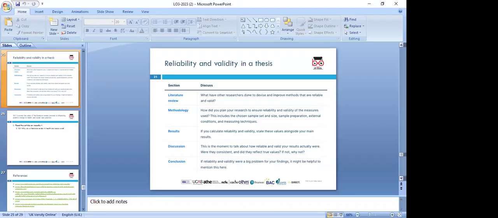If not, why not? And then conclusion: if reliability is a big problem for your findings, it might be helpful to mention this there. You have to state them. What were your limitations? You know, in your project or research, you have to state your limitations. You need to state them there.